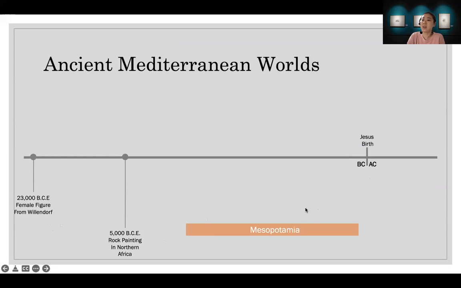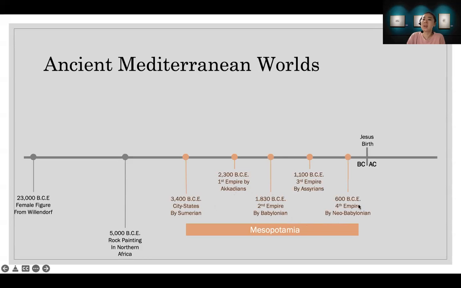This area of Mesopotamia was highly desirable, so many empires were built and disappeared, like Sumer, Akkad, Babylon, Assyria, and Babylon again. On the other hand, Egypt continued as one empire for 1700 years, parallel with Mesopotamia's timeline.